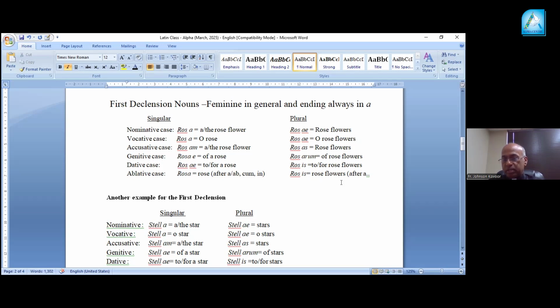But if we connect it to the English language, we cannot easily understand, because in English they are using certain prepositions without changing the noun. From a rose, to a rose has no change. But if we go to the Malayalam language, റോസിൽ നിന്ന്, റോസിനോട്, റോസയ്ക്ക്, like that, we have a change in the noun itself.